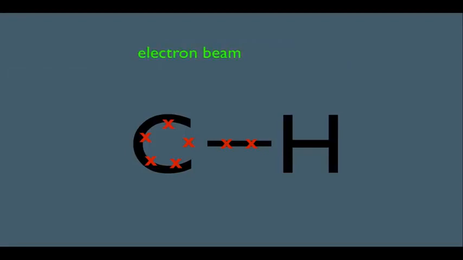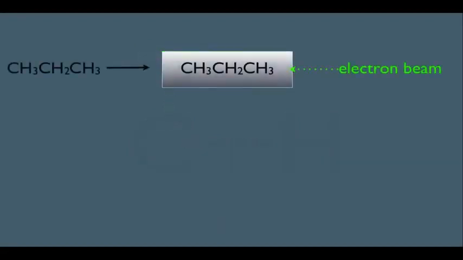Let's say this is our electron beam, and by random chance, the electron beam happens to shoot one of the electrons, in this case a core electron, and in the process dislodges it like that. Almost like playing pool, one of the electrons in the electron beam knocks out one of the core electrons. Let's pretend that happened in this case right here.